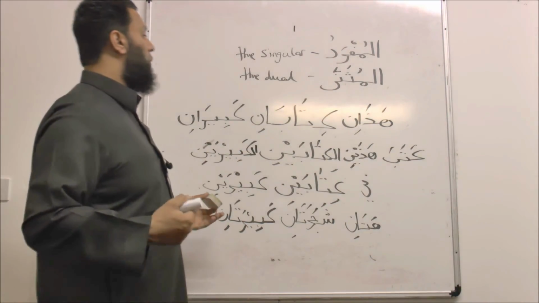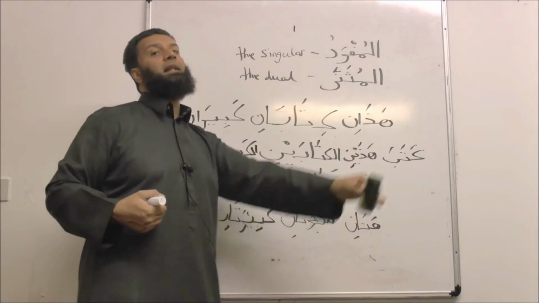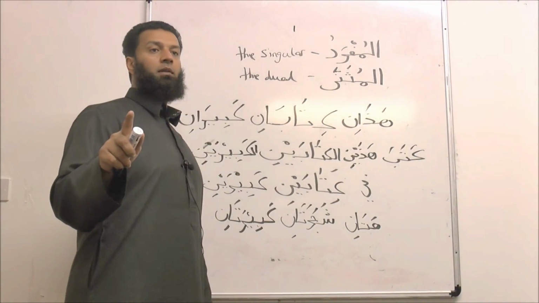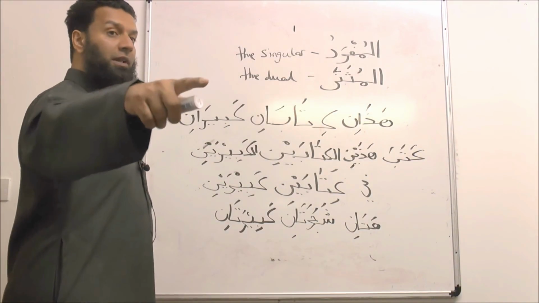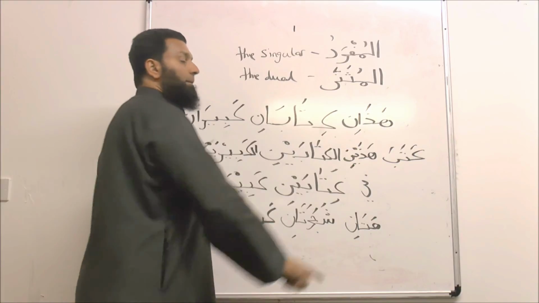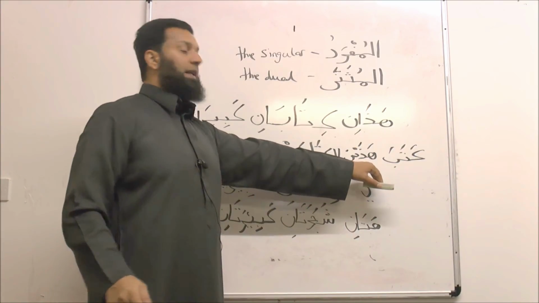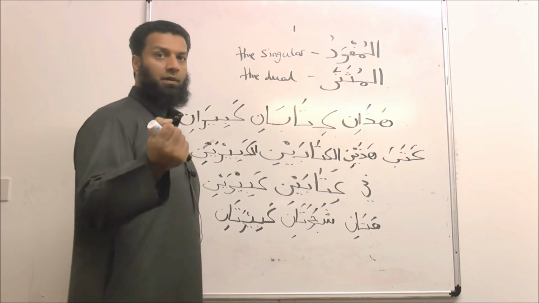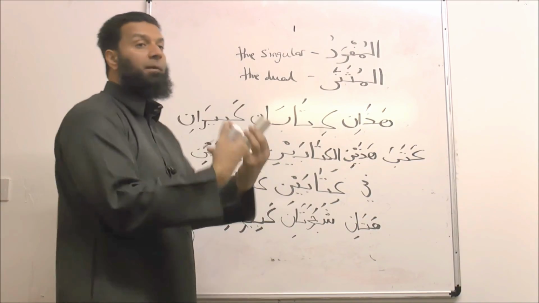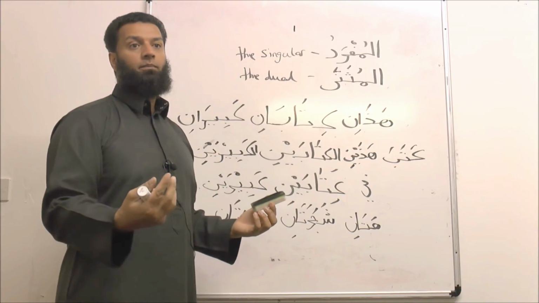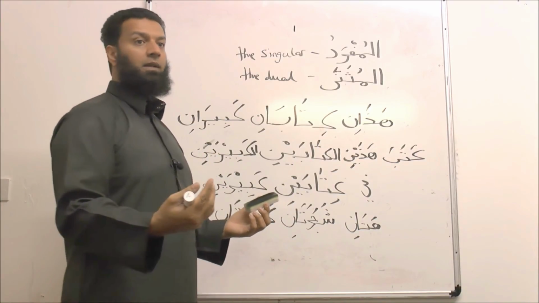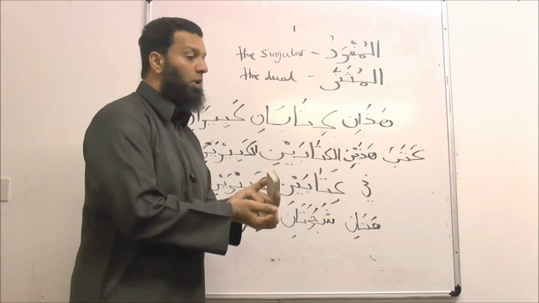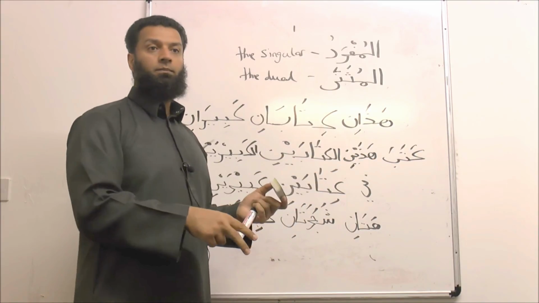So why is it هذين now? Good, ya Muhammad. Because that now is mansub. It's called fi mahallin nasb, in the position of being mansub. Because what you're saying is he wrote these two.